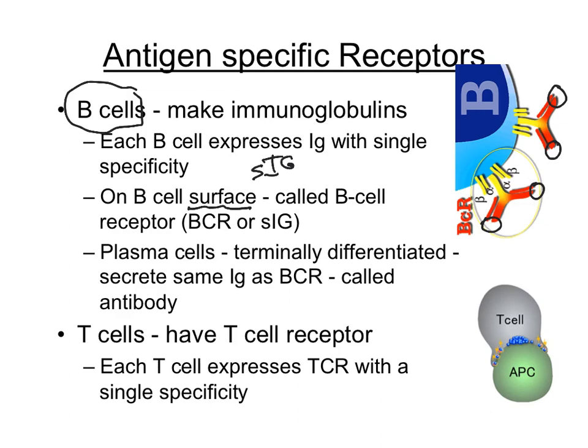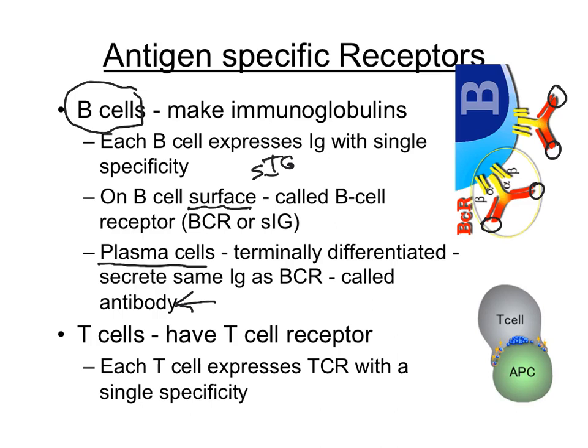These B cells, when they differentiate, and we'll talk about that later, become terminally differentiated into something called a plasma cell. And plasma cells will now secrete those immunoglobulins, and they are then called either antibodies or immunoglobulins, and they are no longer surface immunoglobulins or B-cell receptors.